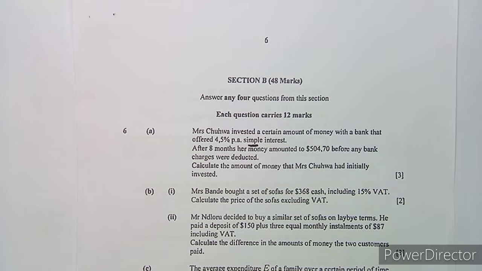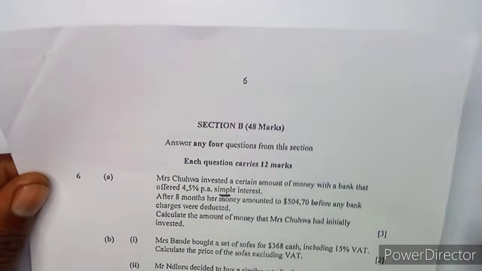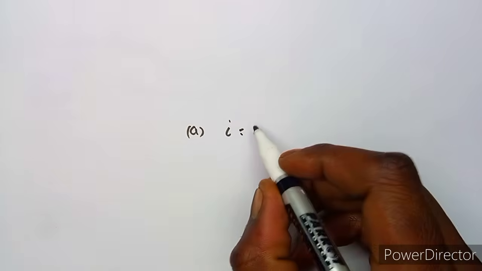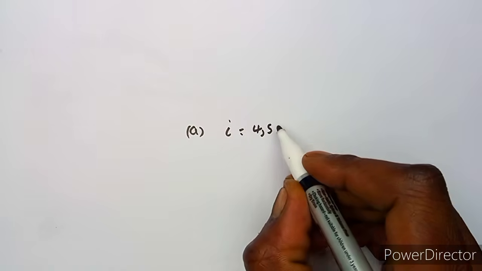Okay, so you're working with simple interest. You're just going to list your information. We've got the interest rate in this case, which is 4.5%.